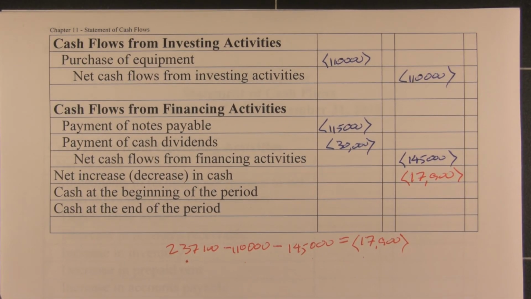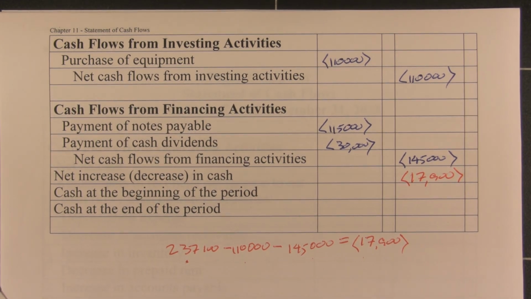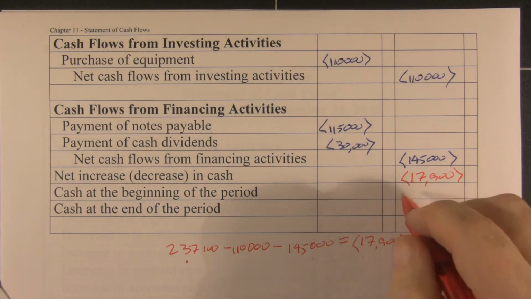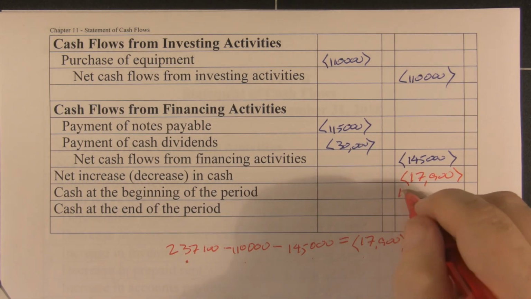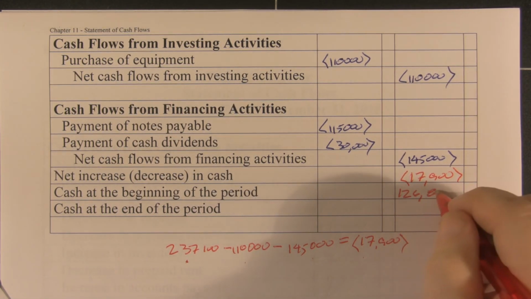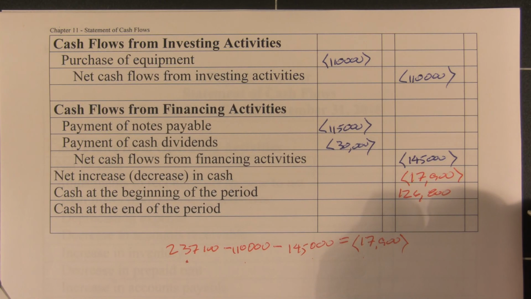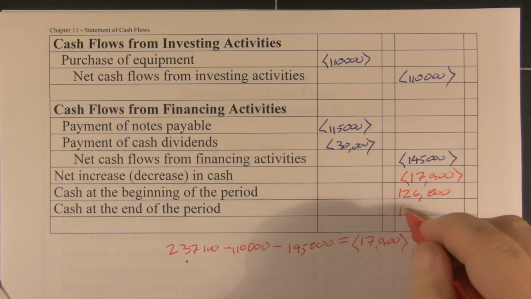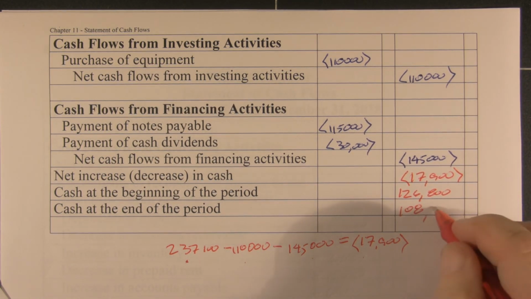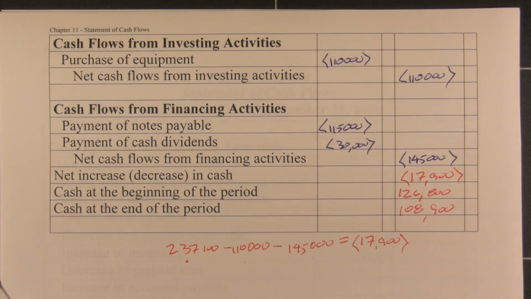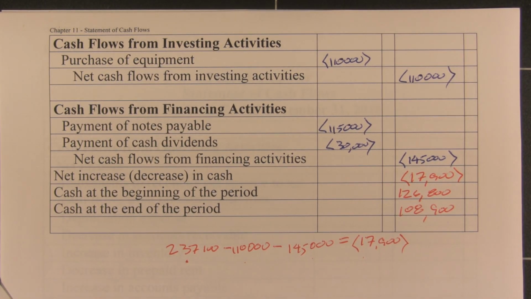Take a look at our cash at the beginning of the period. Look at the balance sheet. We find that our cash at the beginning of the period was $126,800. Our cash at the end of the period was $108,900, and that difference is indeed $17,900 negative.